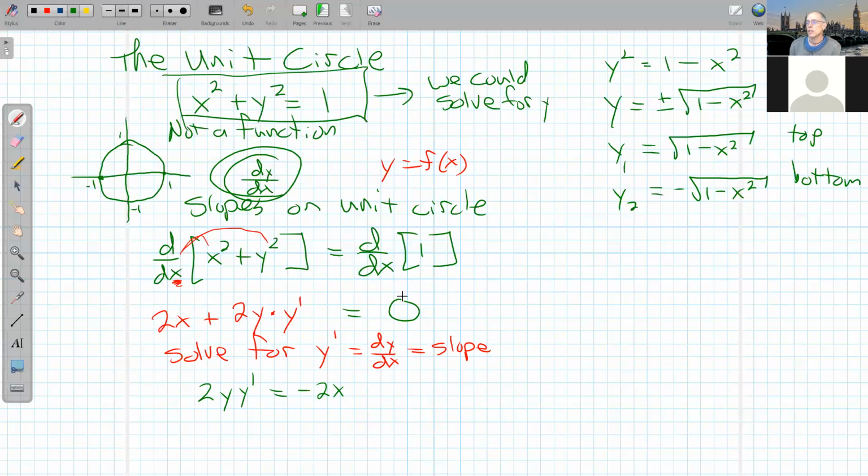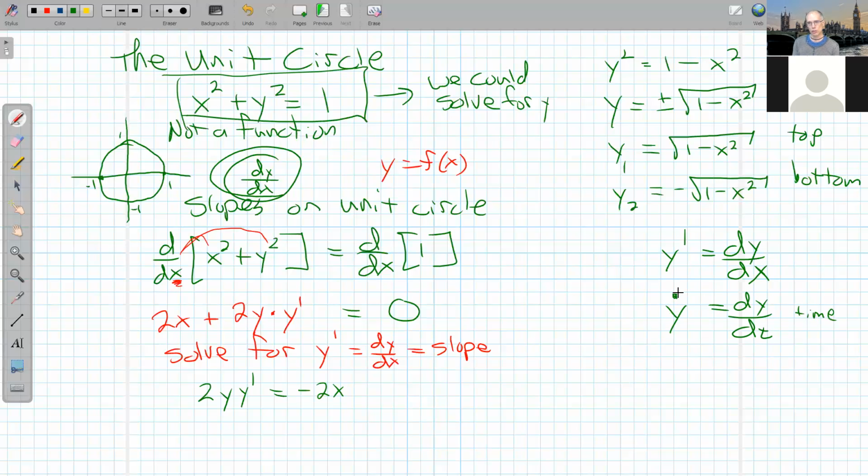A question in this chat says, can you also put a dot above the y to mean the same thing? Sort of. People do that a lot, but technically y prime means the derivative of y with respect to x, and y dot means the derivative of y with respect to t for time. So the dot is usually reserved for t for time.